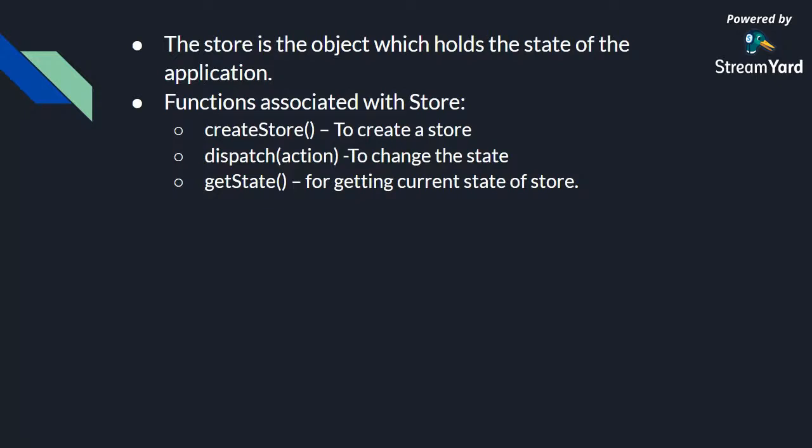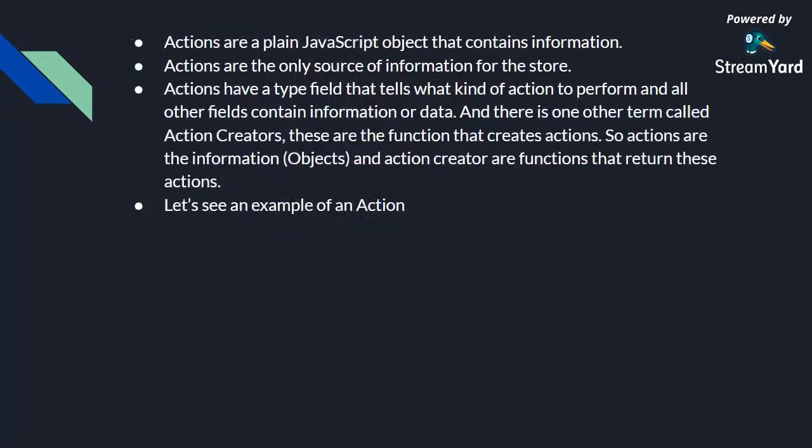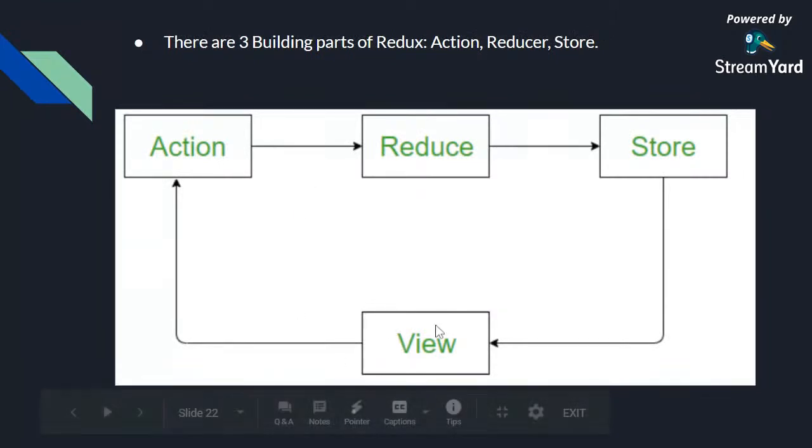Now, whenever we want to change the value of a state inside Redux, we need to dispatch it with the action object inside it. We will call the dispatch function with the action inside it, so that it goes to the reducer. As I said in this particular diagram, from the view, we are clicking on a button which will trigger the change.